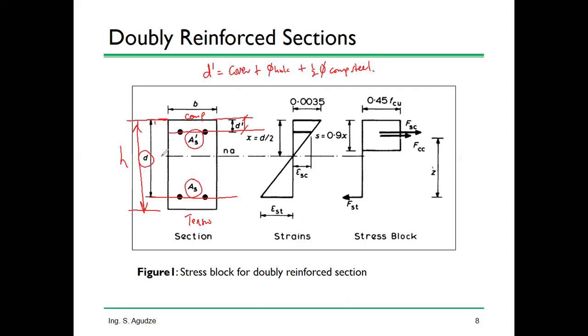Now the NA here is the neutral axis. Is that okay? Now if I draw a line through the tension steel, it's going to be like this, right? So this FST is the force in steel, in other words force in tension steel, right? Okay. And then if I draw a line through this compression steel, you see that it's going to pass here like this.